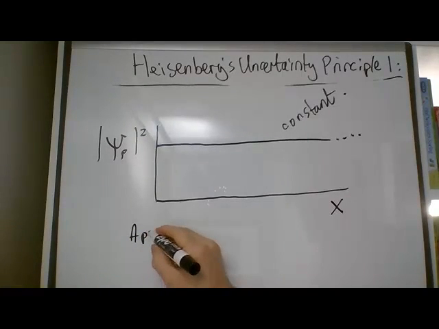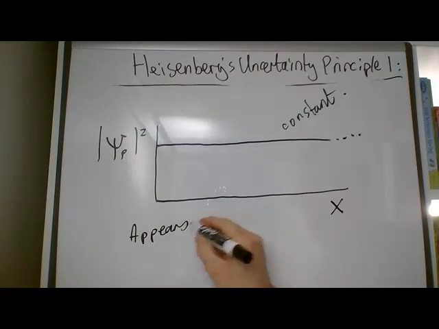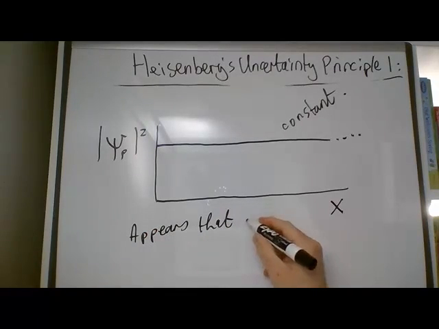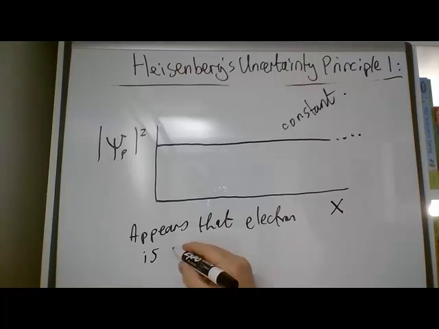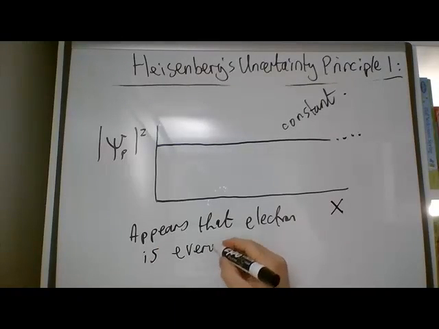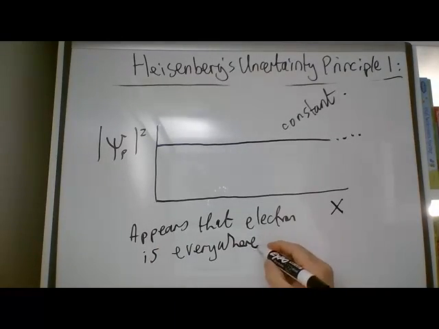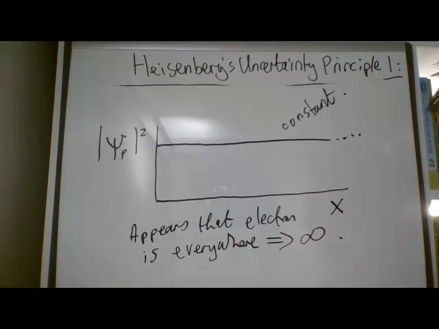So it appears that the electron is everywhere. So it could be in an infinite amount of places simultaneously.